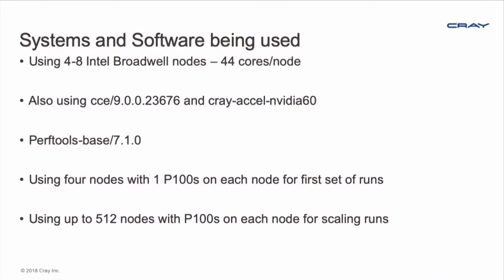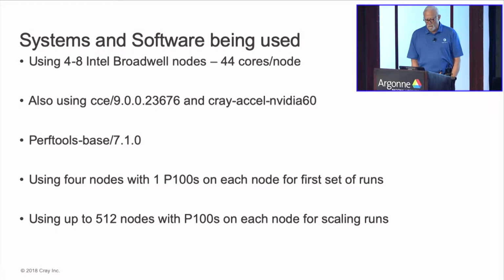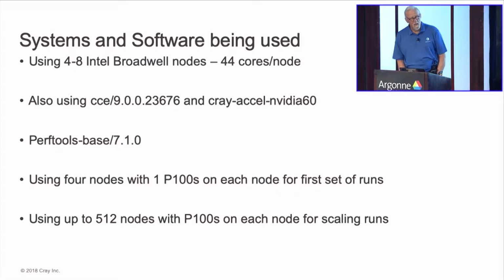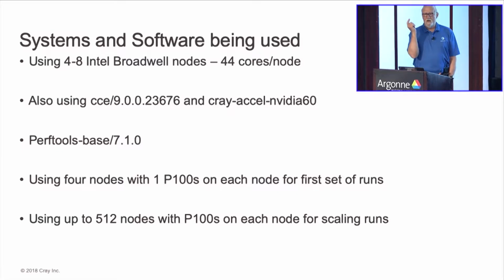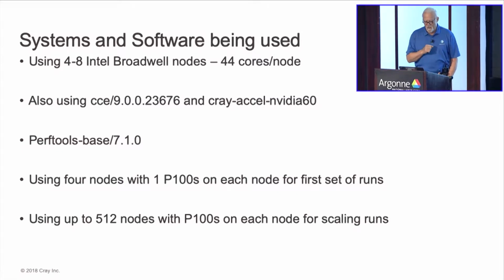All right, I'm going to be using 4 to 8 Intel Broadwell nodes. Each of those has 44 cores per node. I have been running on Theta on the KNLs, so all this works on the KNLs fine. I'm using a little bit earlier Perftools, but it looks like everything works fine with the version that you have on Theta.